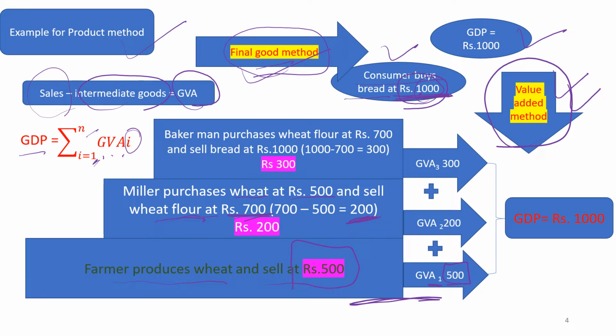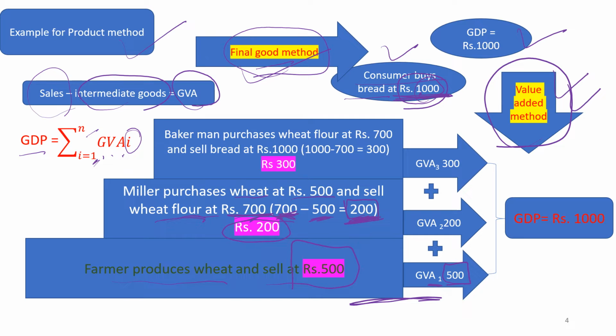So 700 minus 500, where 500 is wheat and 700 is the selling price of wheat flour. But actually the value added by the miller for converting wheat into wheat flour is 200.